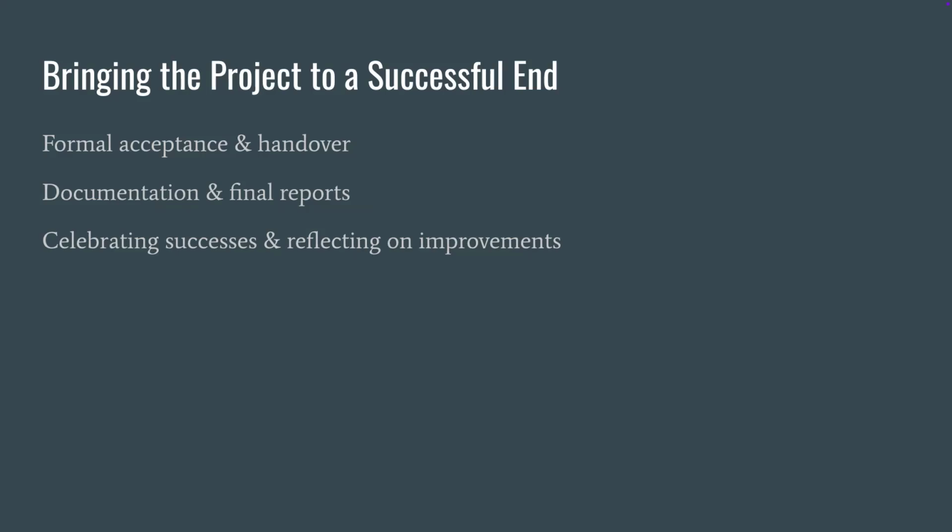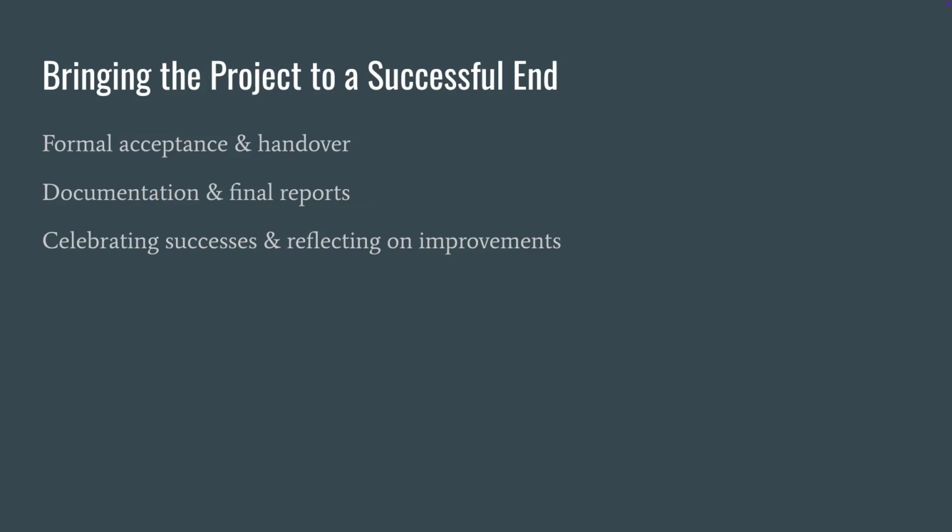Bringing the project to a successful end. So the final phase of any project is the closing phase. Even though this phase often gets less attention, it is pivotal. Proper closure ensures that all activities are wrapped up systematically and that the organization or client fully receives and understands the completed deliverable. And here are some important steps.